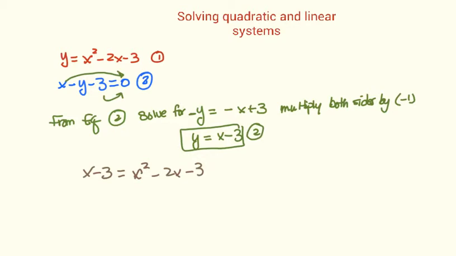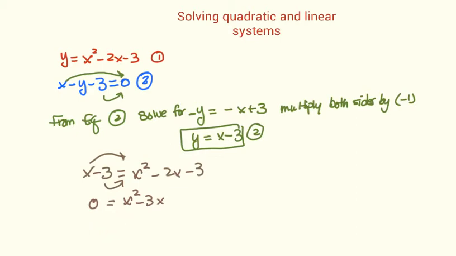So I need to move that and that. Collect like terms. So I will get minus 2x and then the minus x, which is minus 3x, and then the minus 3 plus 3 will be 0. So I will end up with this.